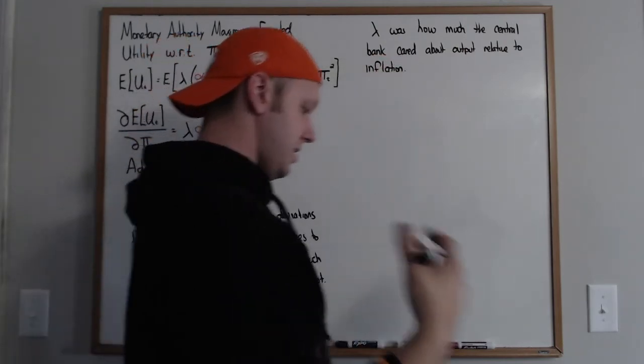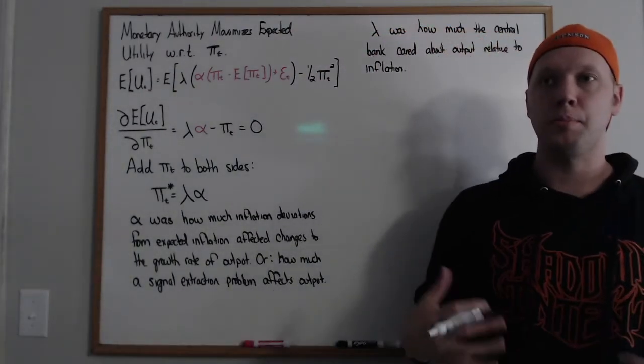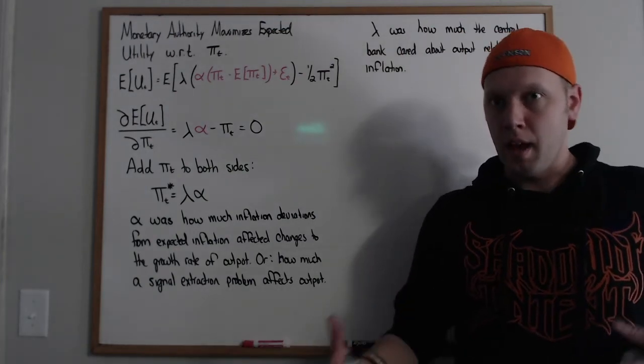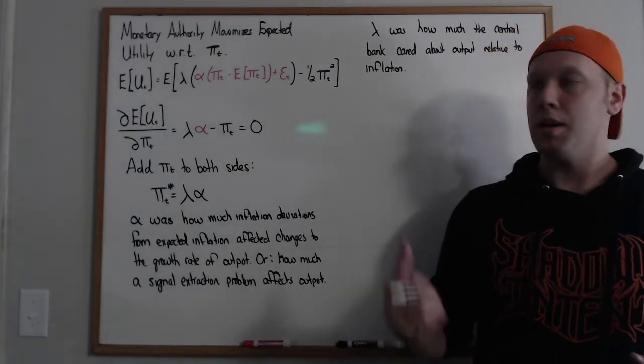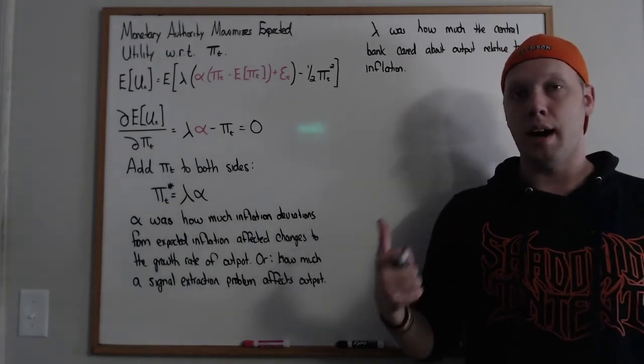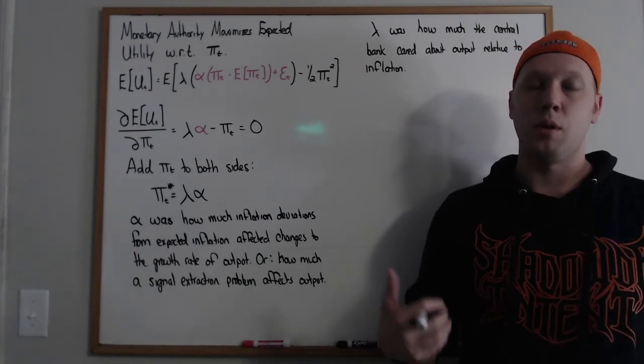Think of it as like an elasticity of substitution between output and inflation, because the central bank faces this trade-off between output and inflation. They want higher output according to their objective function. If they want higher output, they're going to have higher inflation if they want to cause higher output.